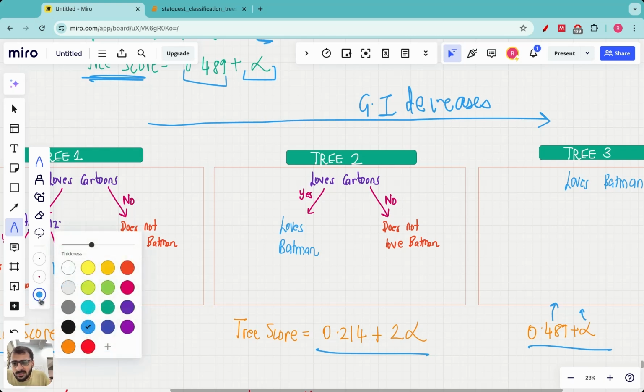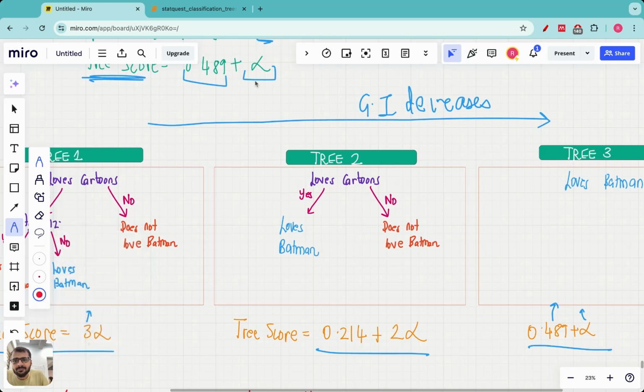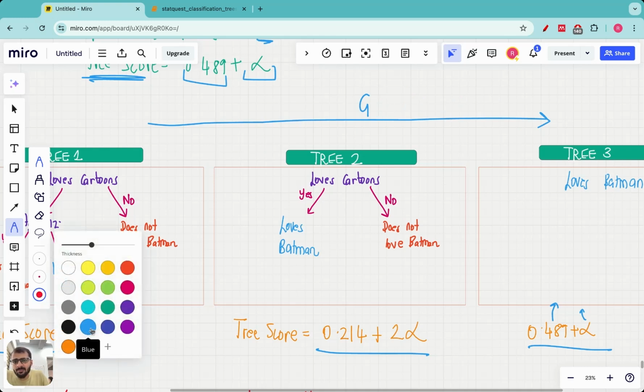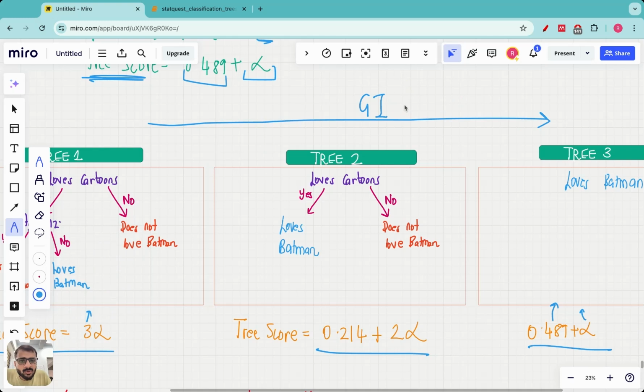Actually, the Gini impurity increases as we go from left to right, because for tree number 1 the Gini impurity is the lowest. So the Gini impurity increases as we go from left to right.